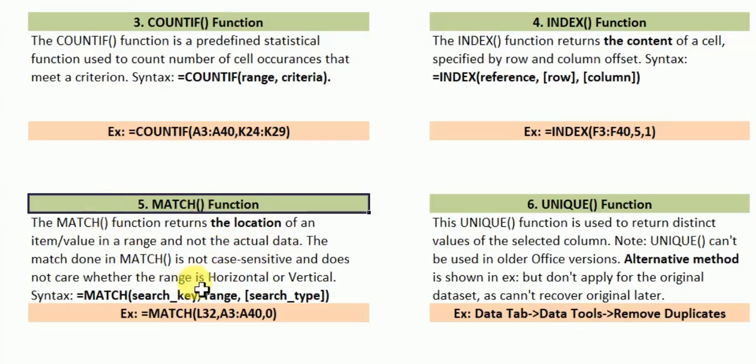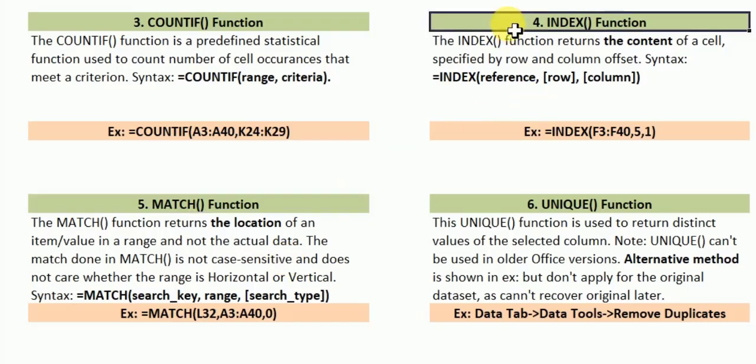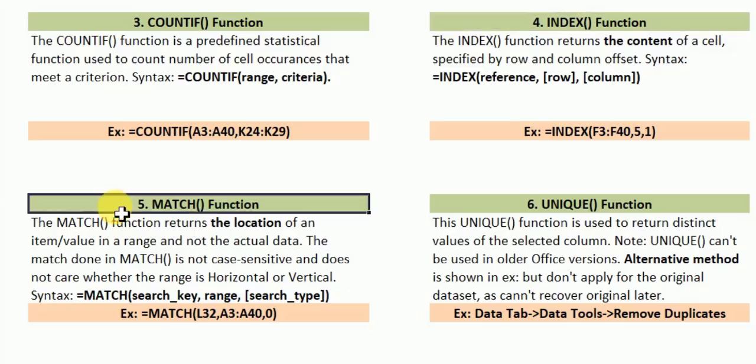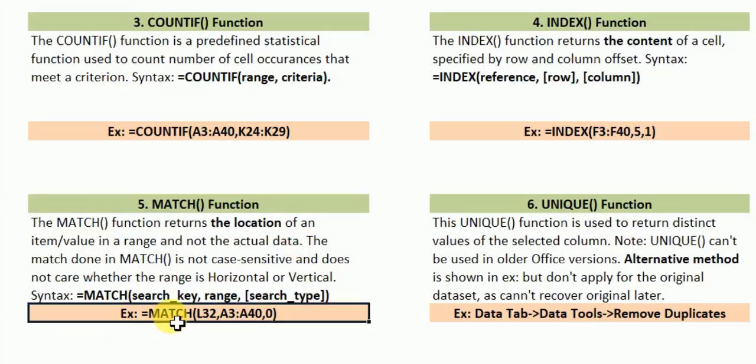A particular location will be returned as the result, not the actual data, whereas the index function will return the actual data or the content present in the particular cell, but the match function will return the location of a range, not the actual data.